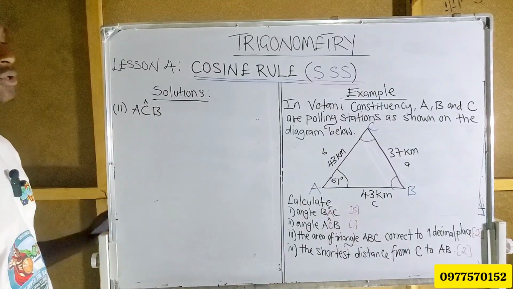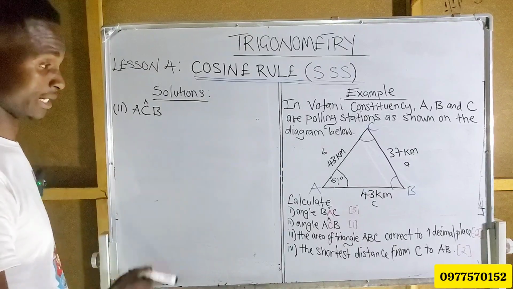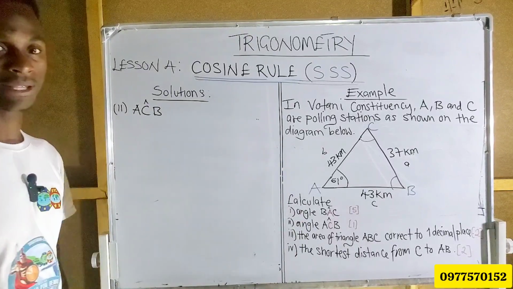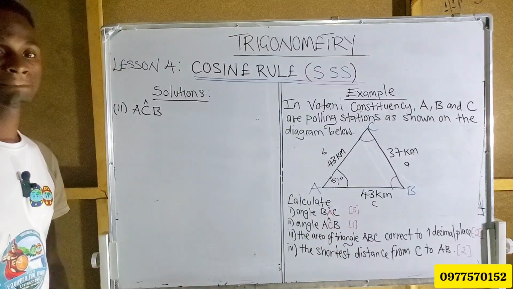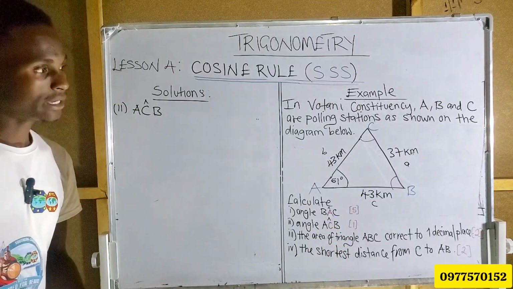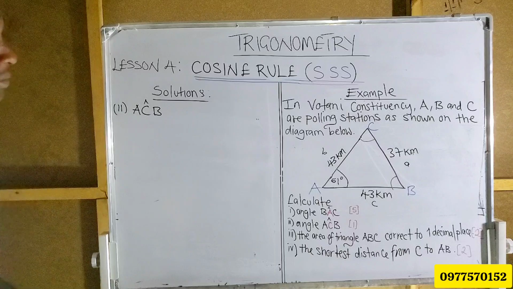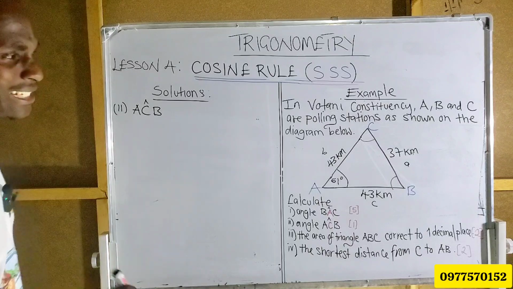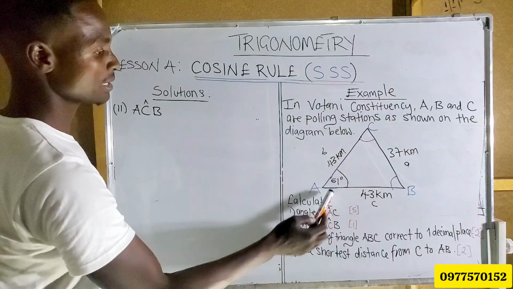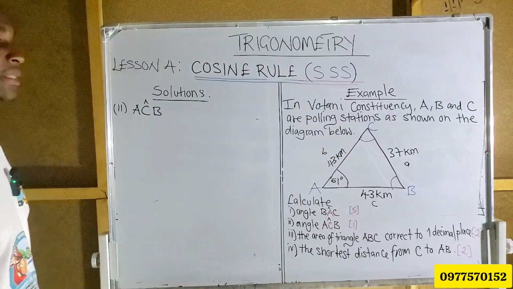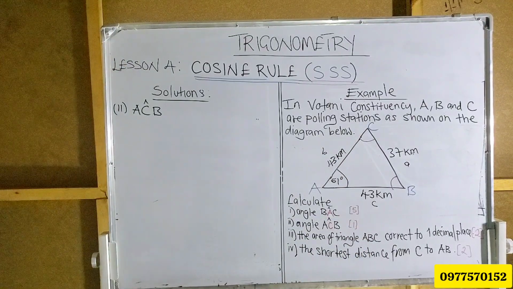Remember, like what I've told you, you don't have to go through what I've done to calculate this angle ACB, because it is just a mark. So you need to understand something special is for something special. This is equal to this. So this is what we should do.